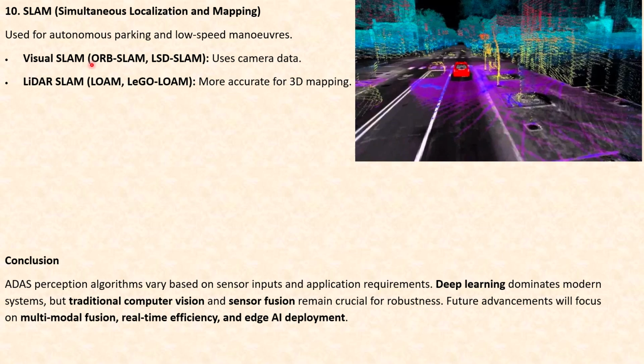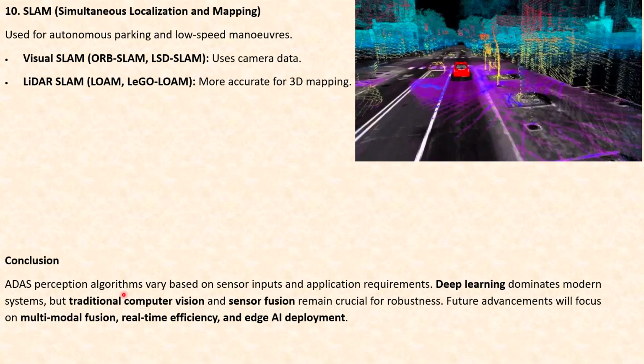It may be visual SLAM, which uses the camera data, or LiDAR SLAM, which is more accurate for 3D mapping. Alright, so all these 10 types of applications have plenty of off-the-shelf perception algorithms in the market. This is what I wanted to cover and have extensively covered.